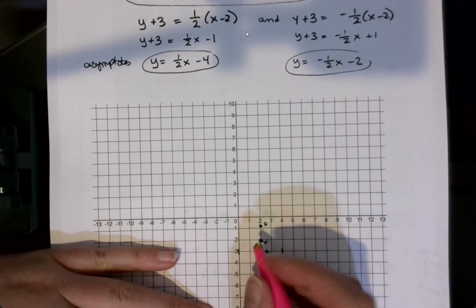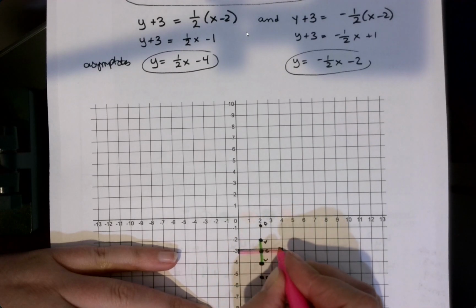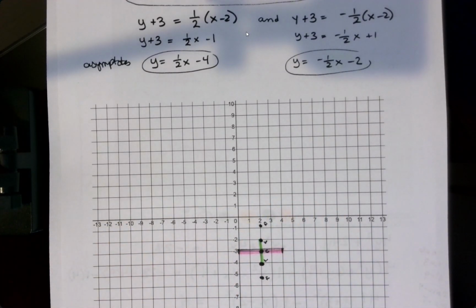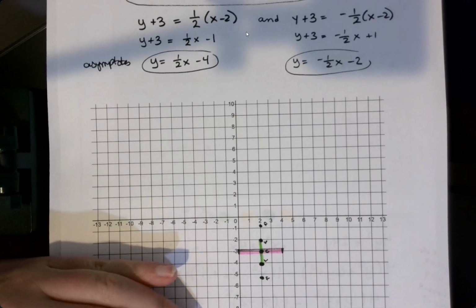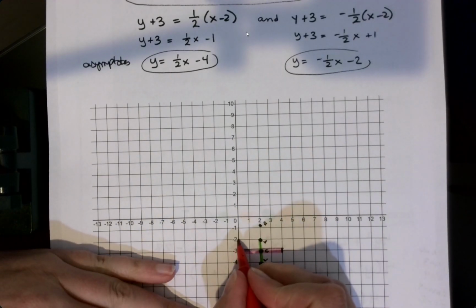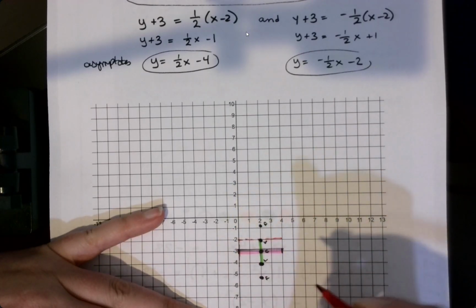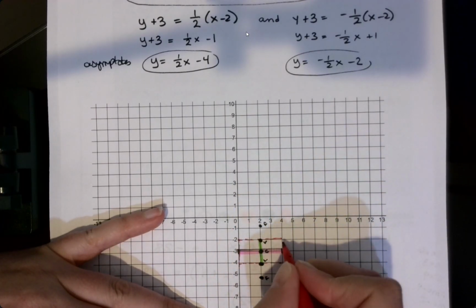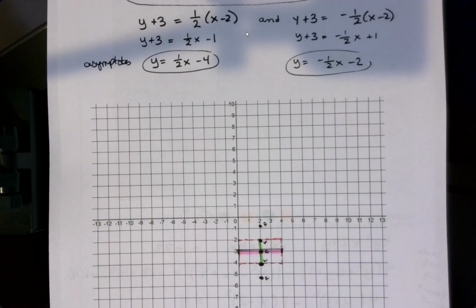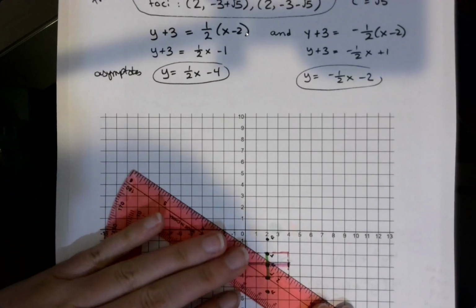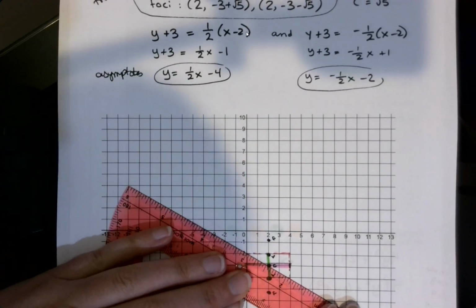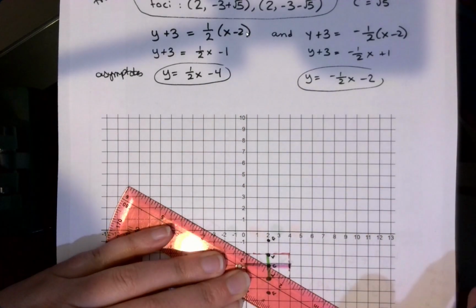So this here would be my conjugate axis. It's got a full length of 4 or 2 in each direction. So if I kind of box this shape out, this could allow me to quickly draw my asymptotes. So from corner to corner of my box, I can draw my asymptotes.